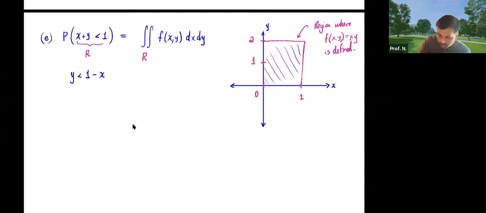So I have a line that goes like this. This line right here is y equals 1 minus x, but I only care about the y being less than 1 minus x. So the region I really care about is this one. Do you see that?